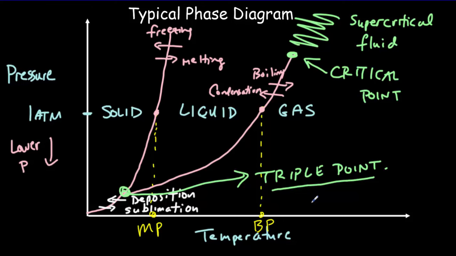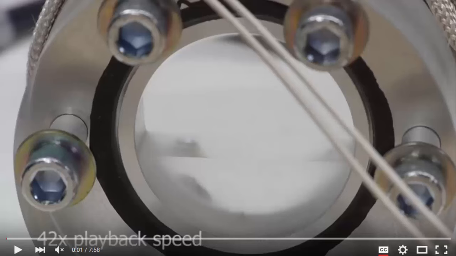So a supercritical fluid is something in which there's only one phase. The liquid and the gas phases are the same thing. It behaves like a liquid and a gas at the same time. Let's take a look at the formation of a supercritical fluid.